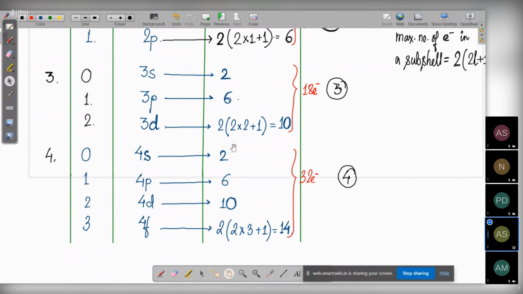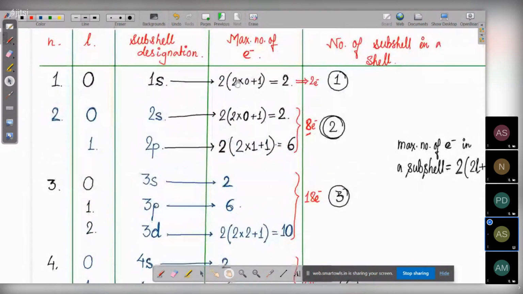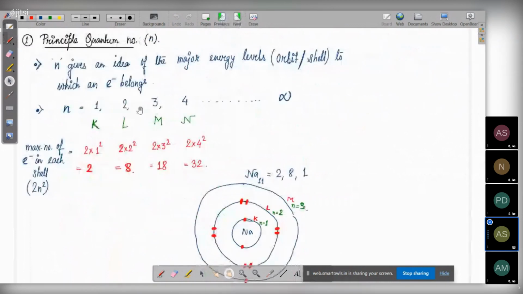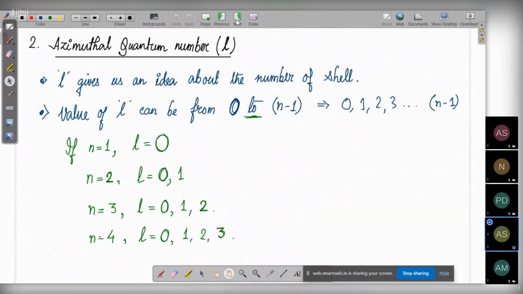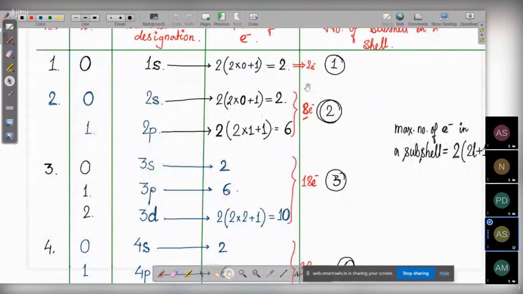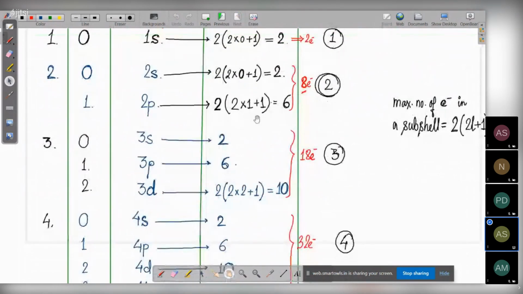So now you can see that this value is in complete agreement with the principal quantum number that we did see, 2n squared. The first shell has 2 electrons, second shell 8 electrons, the third shell 18, fourth we have 32. And in this way also, when you are calculating with respect to the subshell, we are getting the same values 2, 8, 18, 32.